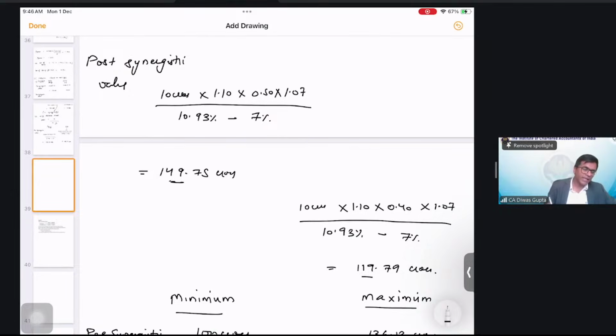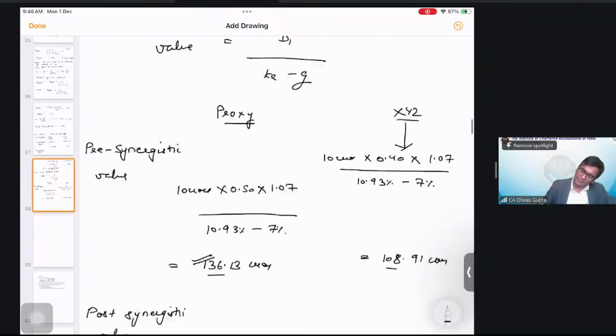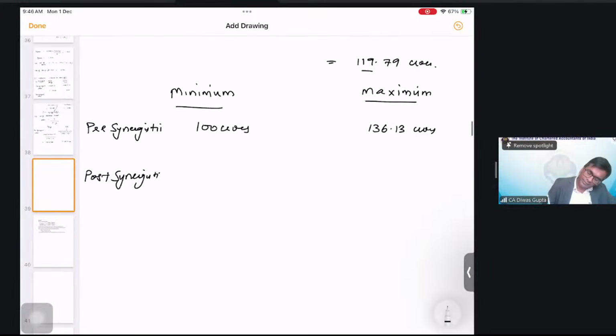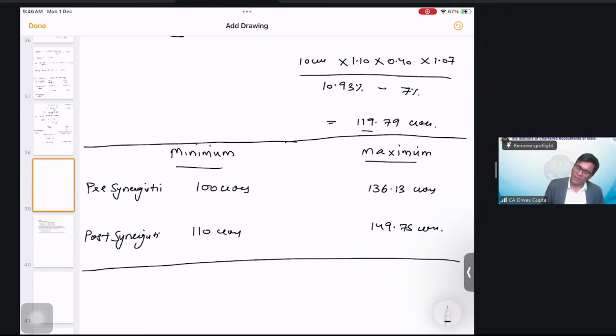So the maximum is 149 and the minimum is 110. 149.75 crores. So this is our final evaluation of what the deal price will look like: the pre-synergistic values and the post-synergistic values.